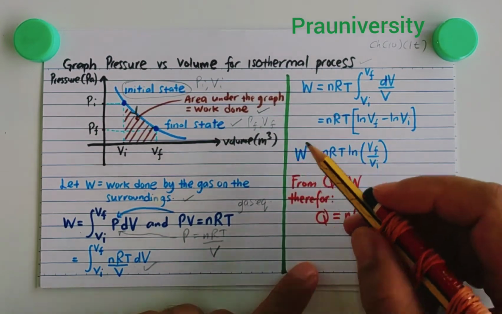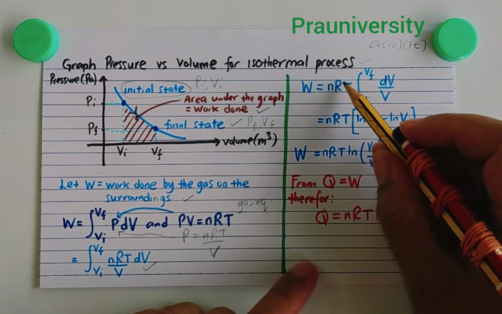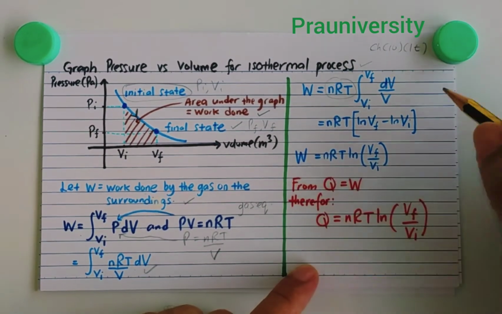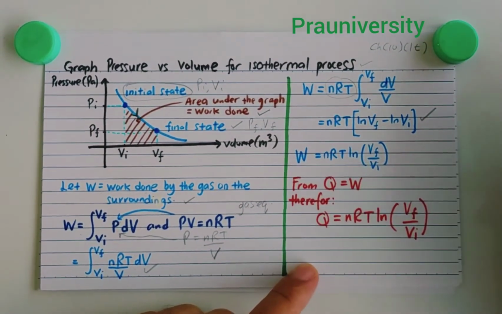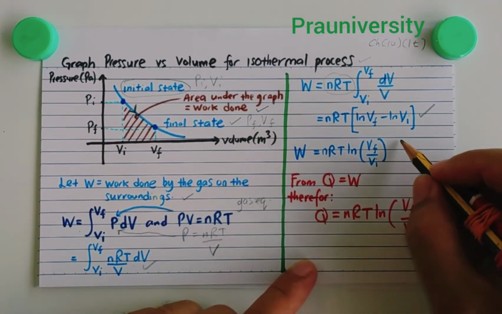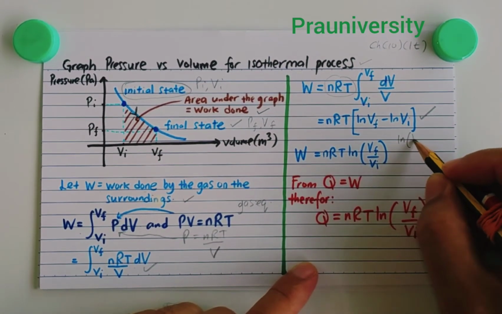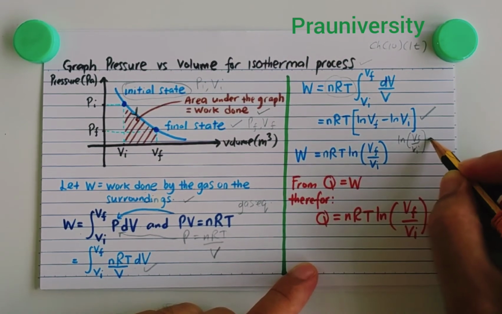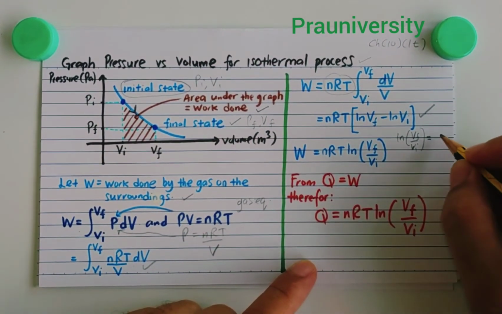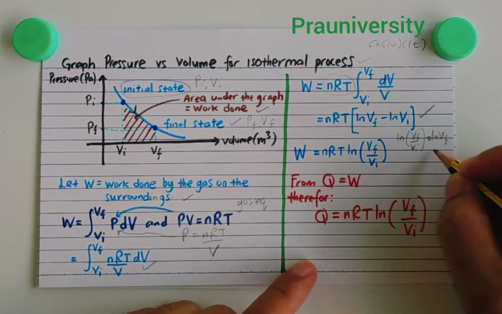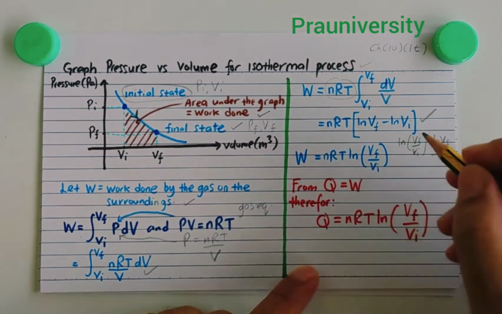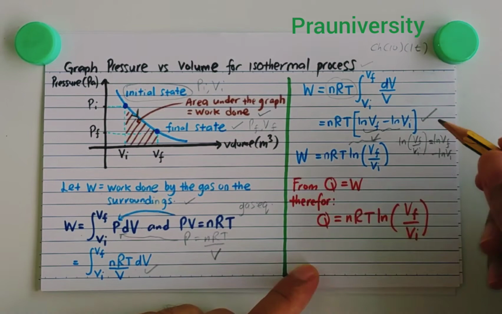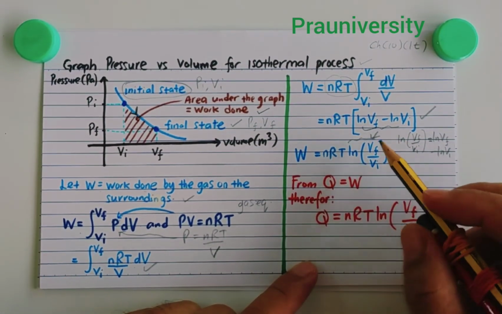We integrate with respect to the volume. nRT is a constant, so we can move it outside. Then, from the logarithm identity, the integral of dV over V from V initial to V final is ln V final minus ln V initial, which is ln of V final over V initial.